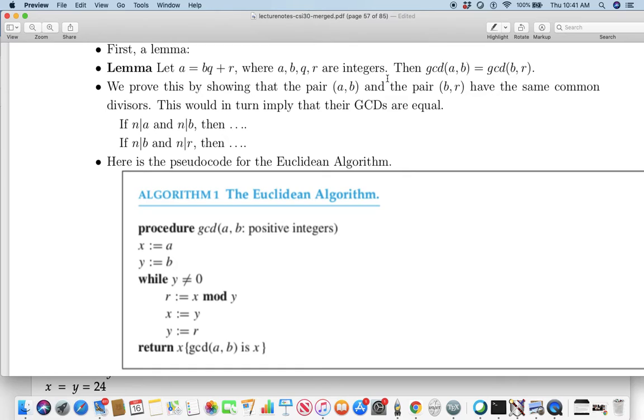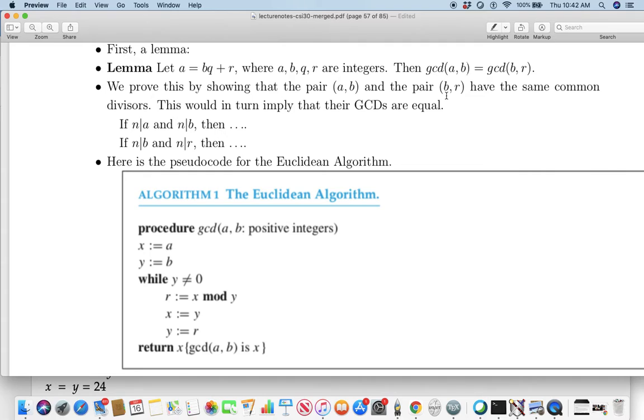Why? If anybody divides a and b, then they of course divide r, because a minus bq is r. Any factor of a and b will be a factor of b for sure, and because r is the difference of the two, it's a factor of r as well.